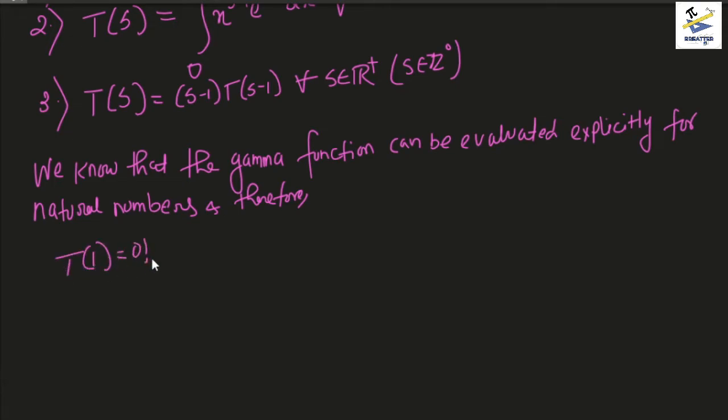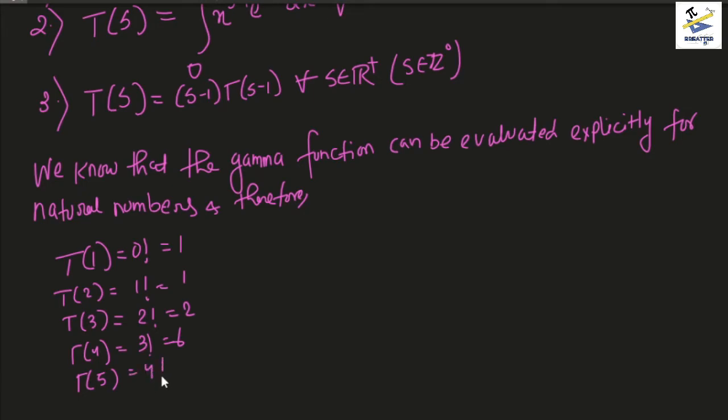Gamma 1 is 0 factorial, which is 1. Gamma 2 is just 1 factorial, which is also 1. Gamma 3 is just 2 factorial, which is 2. Gamma 4 is just 3 factorial, which is 6. Gamma 5 would be 4 factorial, which is 24, and so on. So these would be some of the special values, and you can go on and on.